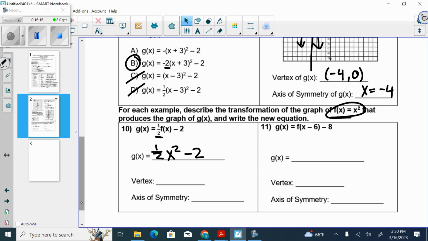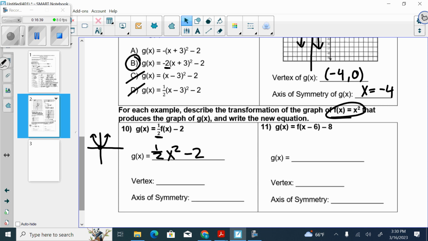Okay. So remember, just like before, the original starts at 0, 0, right? Did we say this thing moves left or right any? No, no left or right, right? Because there's no parentheses. Did we say it moves up or down any? How much? 2. Goes down 2, right?